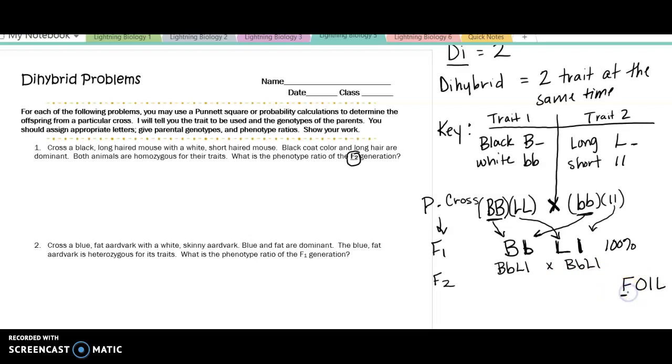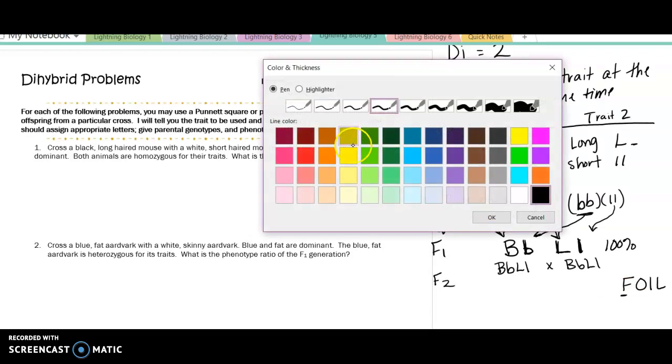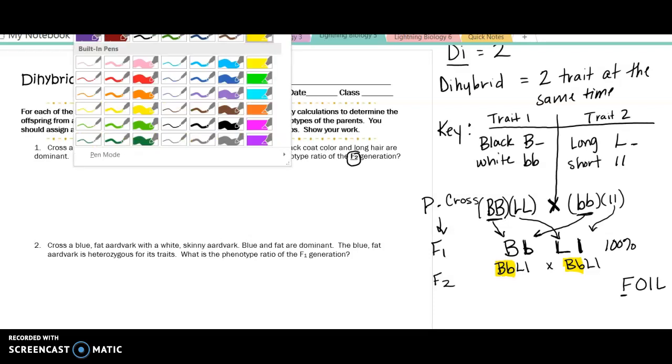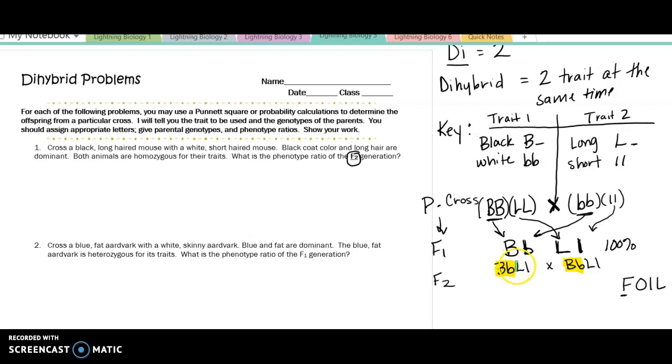So the F stands for first. So if you look at this as the two separate traits that it is, you're going to have the trait for hair color, and then you have the trait for hair length. Those are two separate traits.